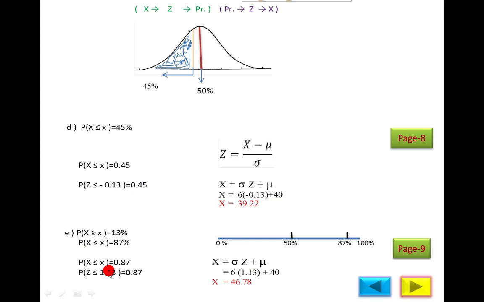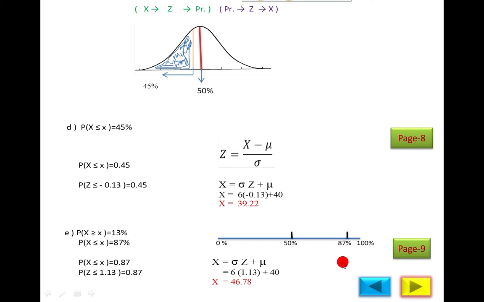Now substitute the value of z, mu and sigma. Simplify, you will obtain 46.78. So at this point, the value of x will be equal to 46.78, or you can say if the area is above 13%, the question is to find the area above 13%, because both are the same, above 13% or below 87%, the point will be the same.